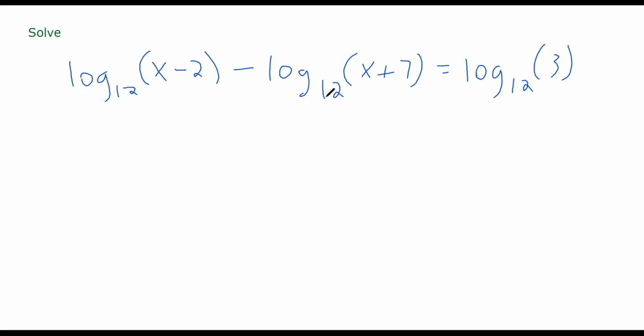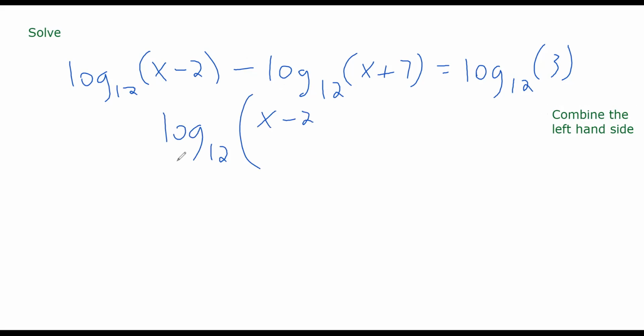Now we look at this, and I don't like this left-hand side because I'm subtracting one logarithm from the other. So my first step is going to be to combine the left-hand side. I'm going to condense it into log base 12 of x minus 2 over x plus 7.